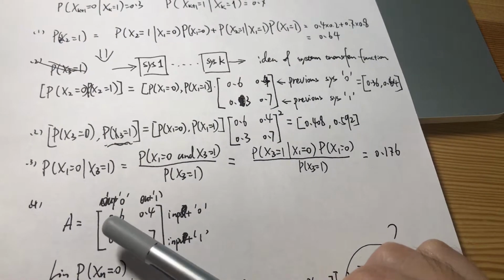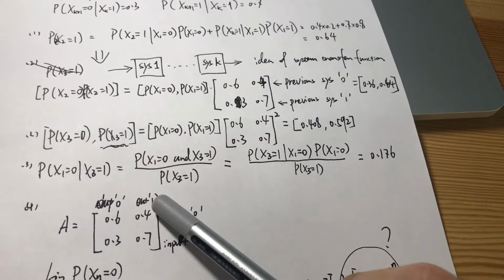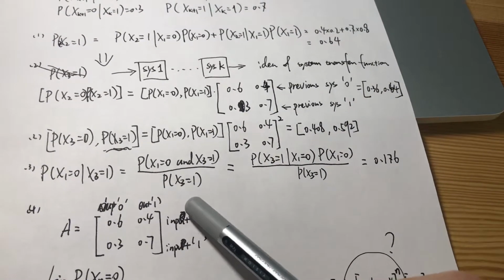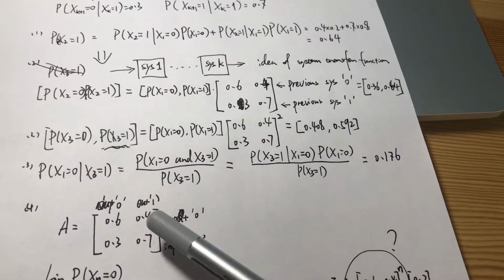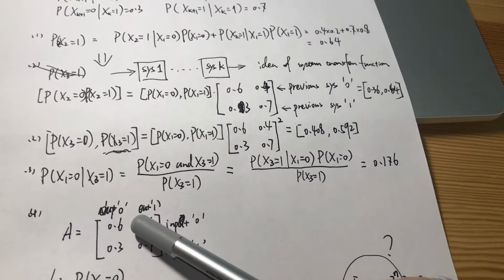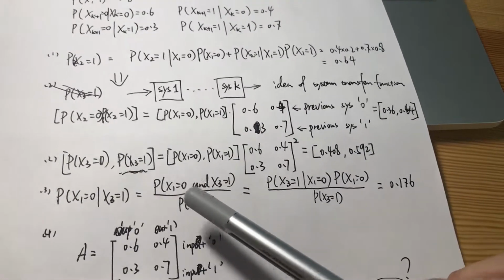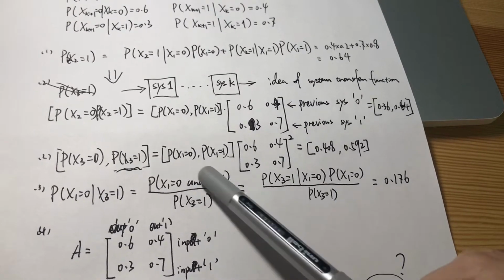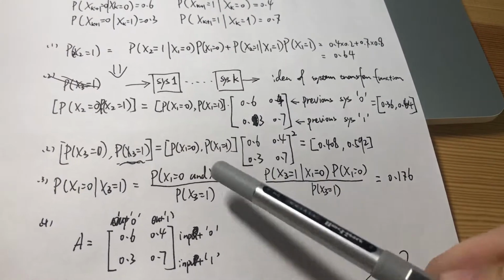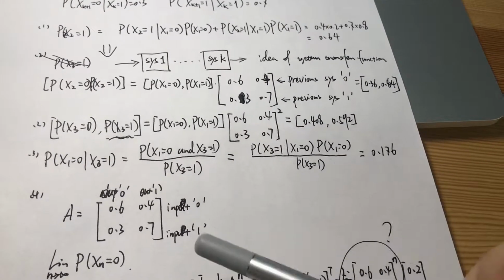When we square the system, we should use x3, which means the output signal is 1, so we use this one. And of course the initial signal x1 is 1, so we use this part in the square, and we get the final result.